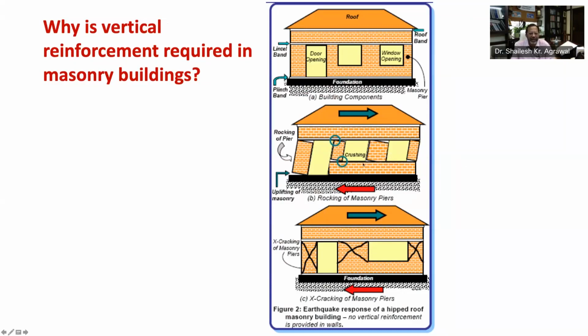Rocking is possible when masonry piers are slender, that means openings are large and weight of the structure above is small. Otherwise, the piers are more likely to get diagonal, that is X-type shear cracks, as shown in figure 2c. This is the most common type of failure in masonry buildings.